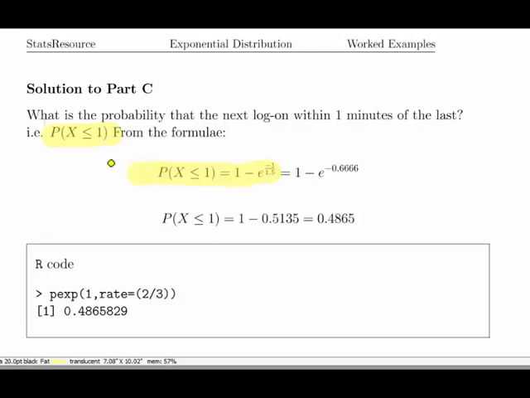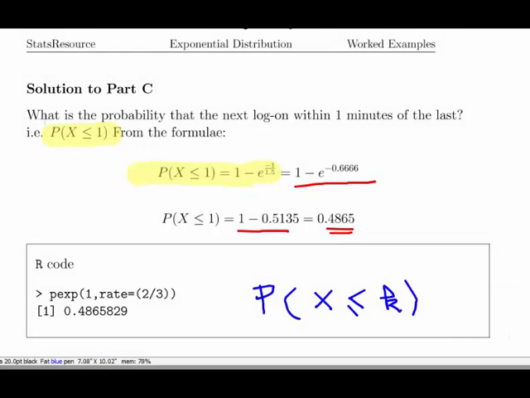In this case, that is 1 minus the exponential of minus 1 divided by 1.5, which is 1 minus the exponential of minus 0.666. That works out to be 1 minus 0.5135, which is 48.65%.